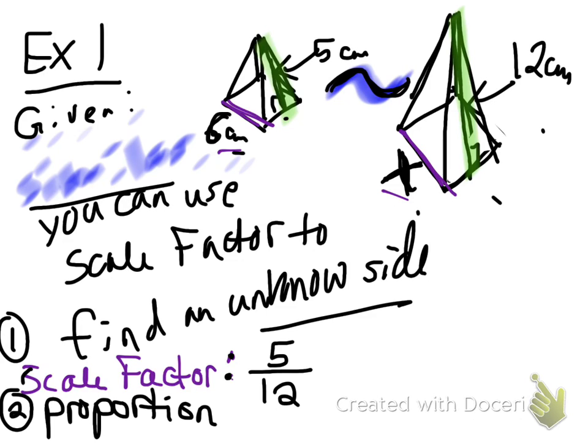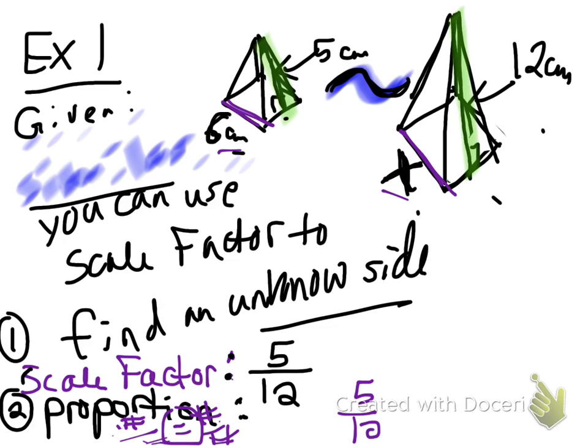And a proportion, if you'll recall, is a number over a number equals a number over a number. A proportion has the equal sign in the middle. It is an equation.